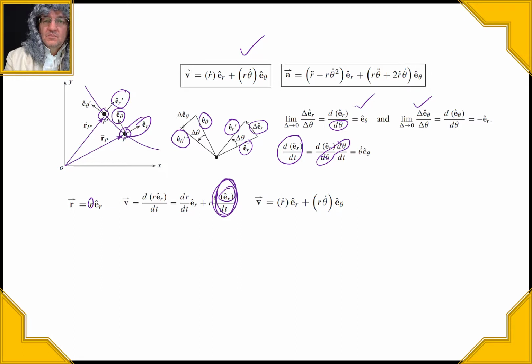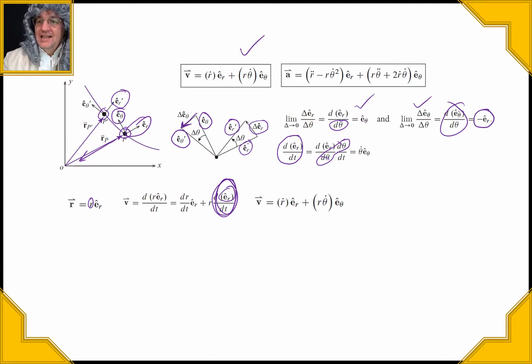We're looking at our delta E theta right here, and we can see that it's pointing in that direction, which is in the negative ER direction.